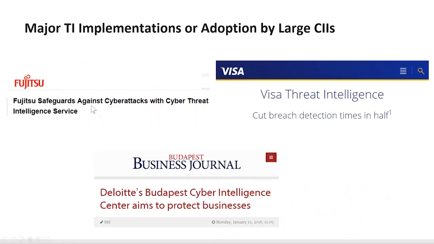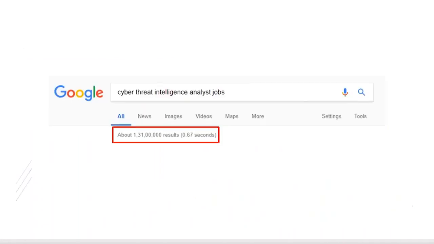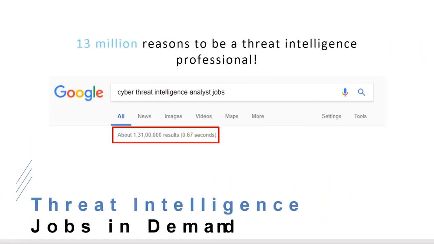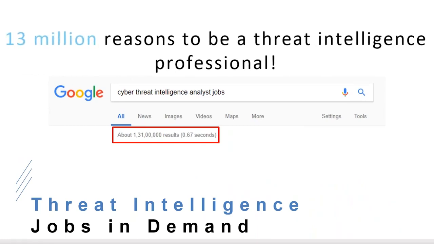And I think you guys can do this as well. Just do a quick Google search, Cyber Threat Intelligence Analyst jobs, and you'll get a bunch of results, alarming results, as well as going on to career sites. So if you can go to the next slide, Brooke.